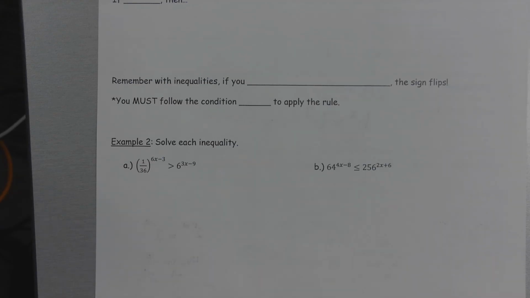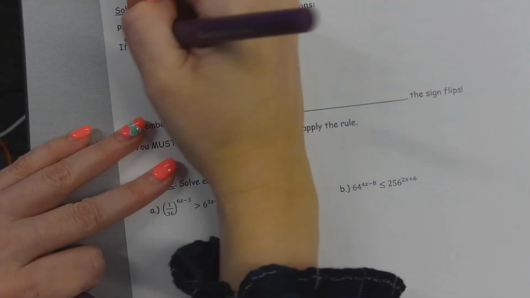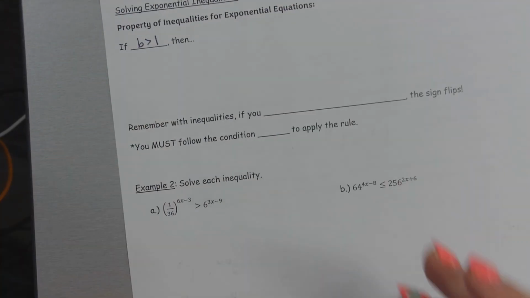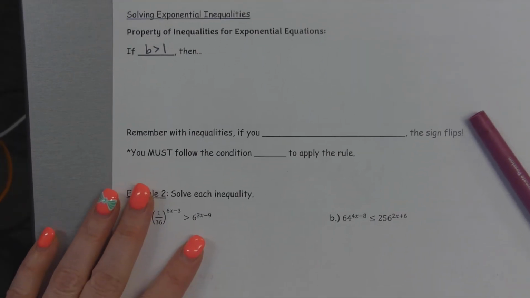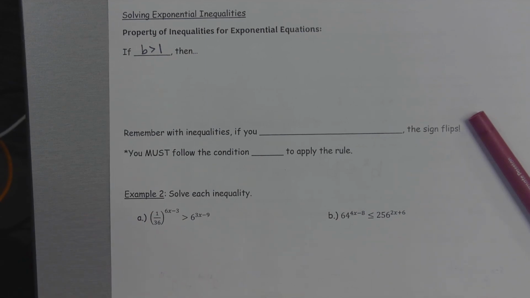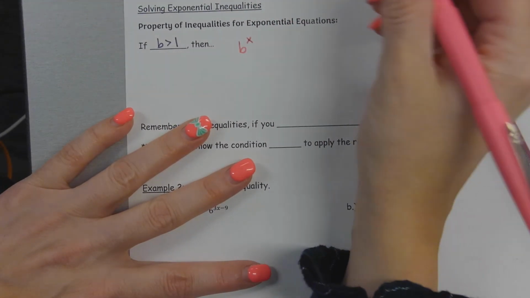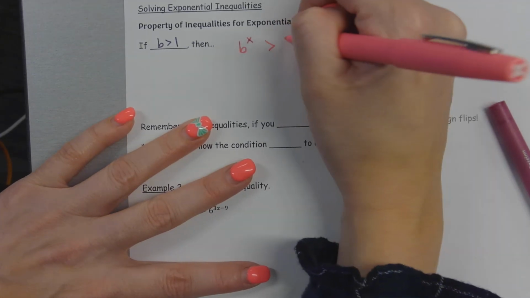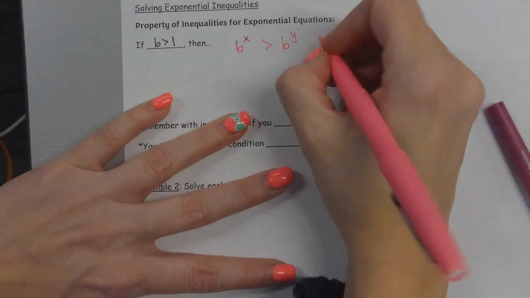The property of inequalities for exponential equations tells us if b is greater than 1, then, and there's going to be two cases. The first case is if you have greater than. Then b to the x is greater than b to the y if and only if.